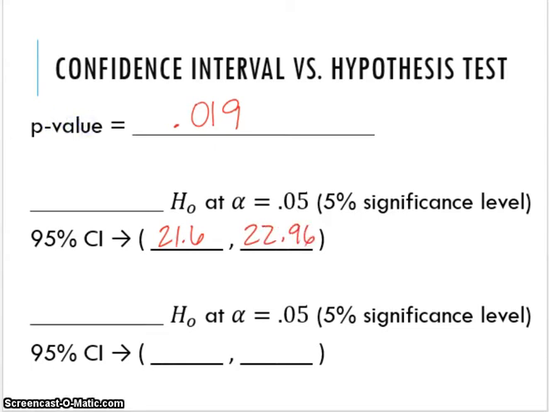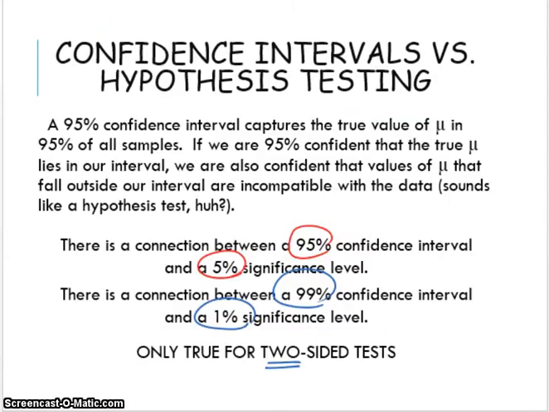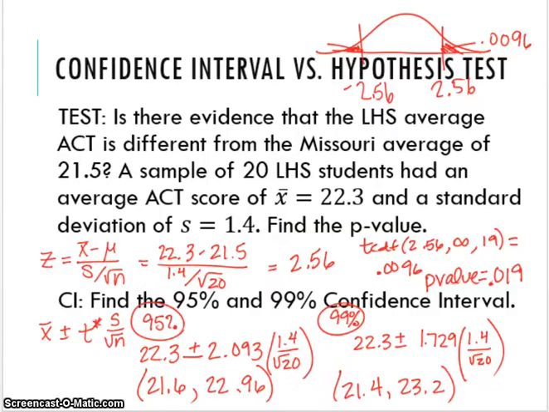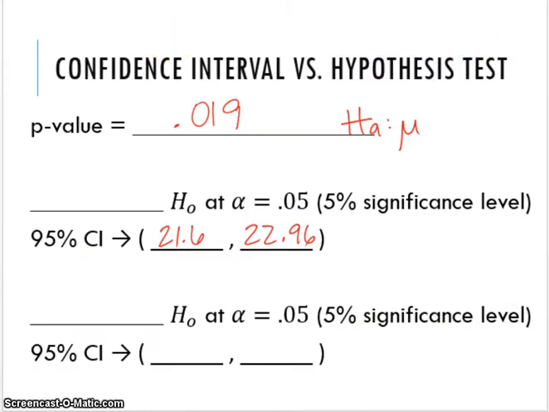Our alternative is that mu is different from 21.5, so we put our alternative as mu is not equal to 21.5.